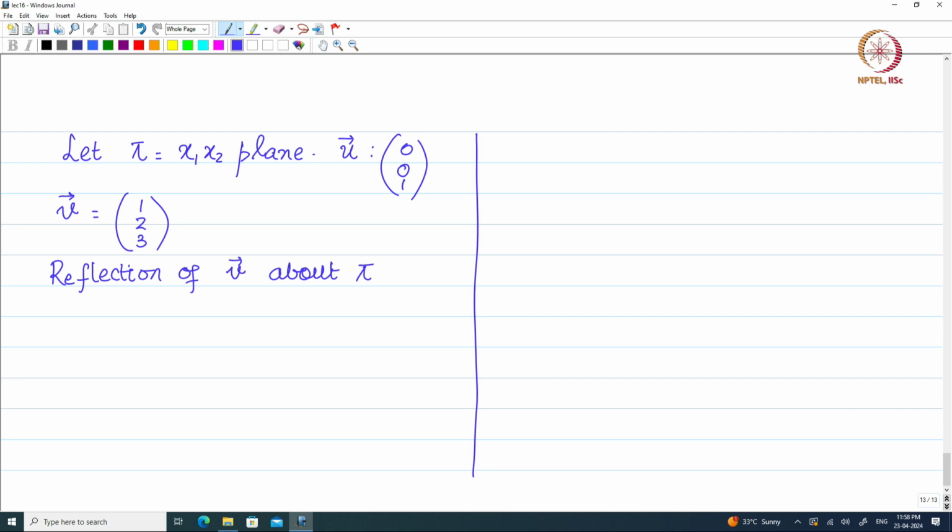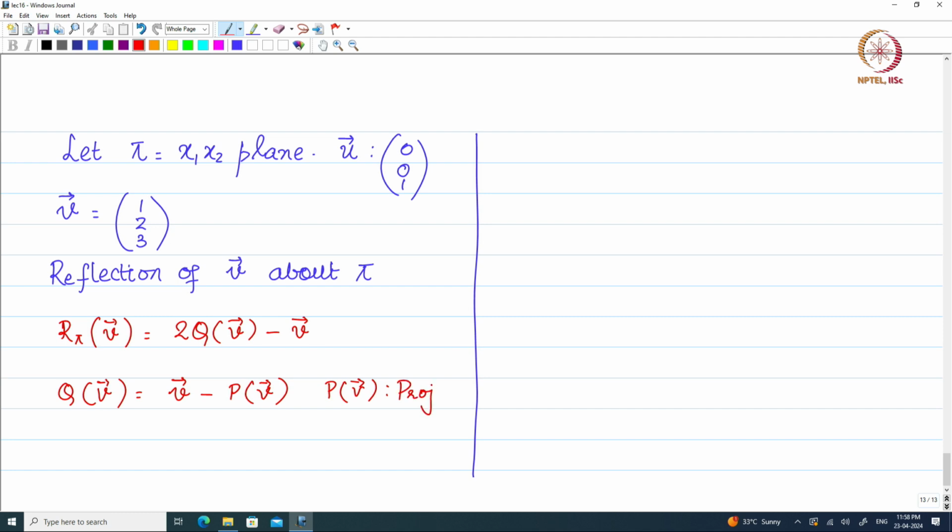So, what are we going to do? We are going to look at this. So, we know that r pi of v is given by 2 times q of v minus the vector v itself, but we know that the vector q of v is nothing but the vector v minus the vector p of v, that is the projection of the vector onto that axis u, where p of v is the projection of v onto u.